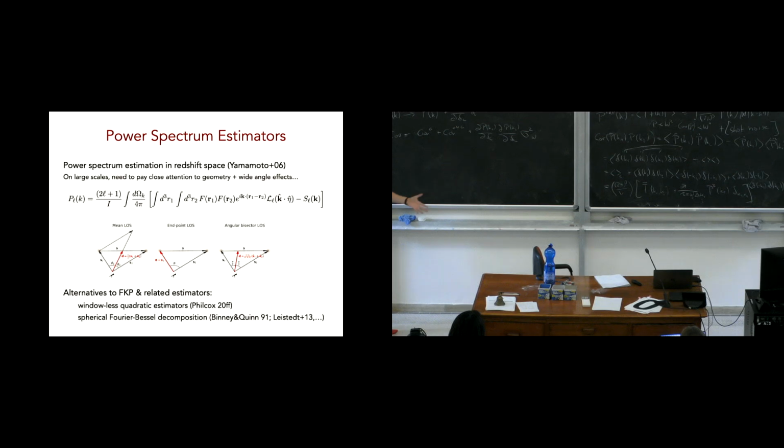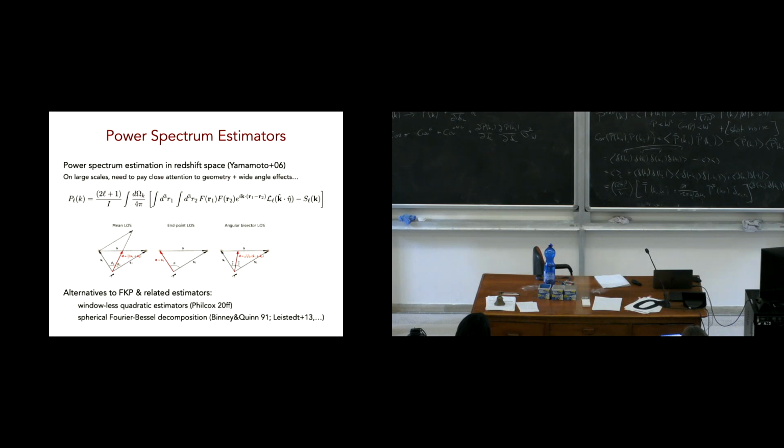Because there are density modes in the universe that are larger than our survey. And that will modulate the power spectrum, similar to how we calculated that the halo abundance changes in an over or under density.